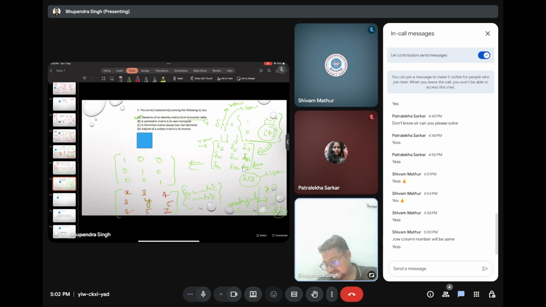Why symmetric? Because A12 and A21 are the same, A13 and A31 are the same, A32 and A23 are the same. Element is the same. That is why this is a symmetric matrix.